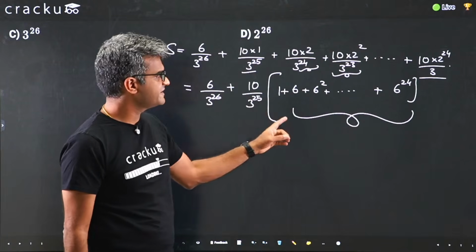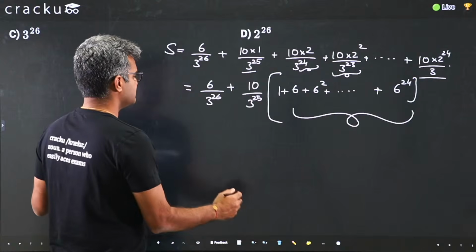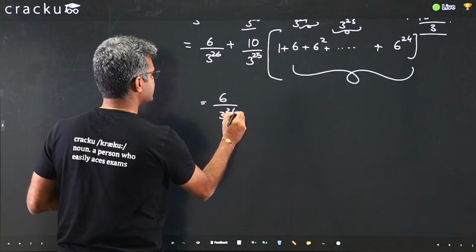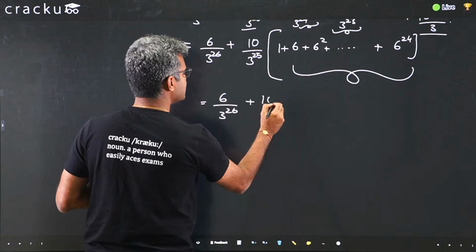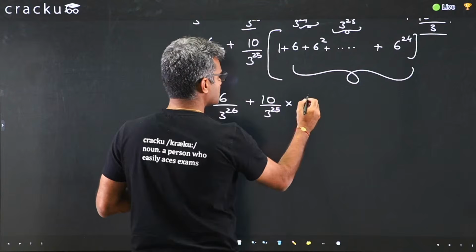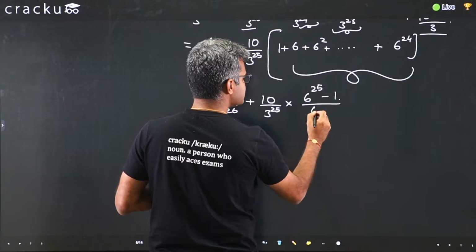It has 25 terms. The first term is 1 and the common ratio is 6. So this sum is equal to 6 divided by 3 to the power 26 plus 10 divided by 3 to the power 25 into 6 to the power 25 minus 1 divided by 6 minus 1.